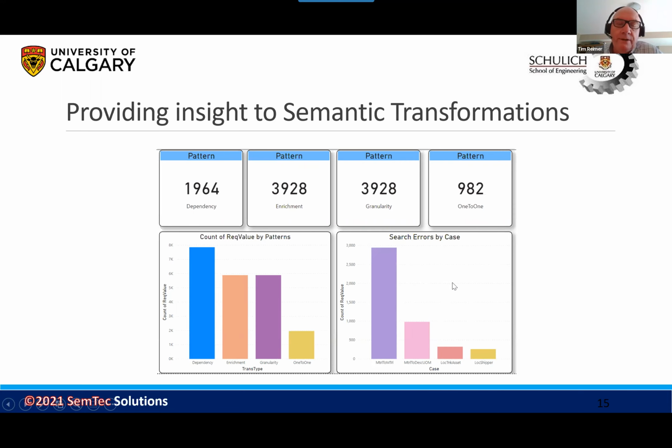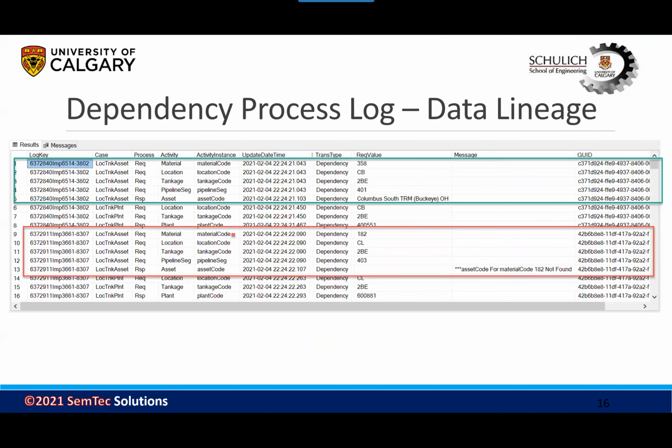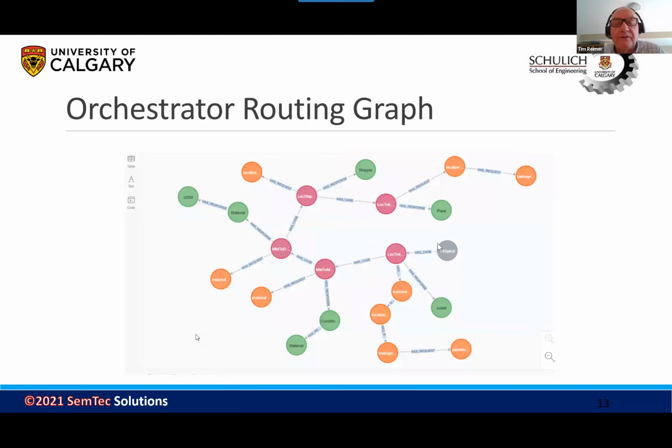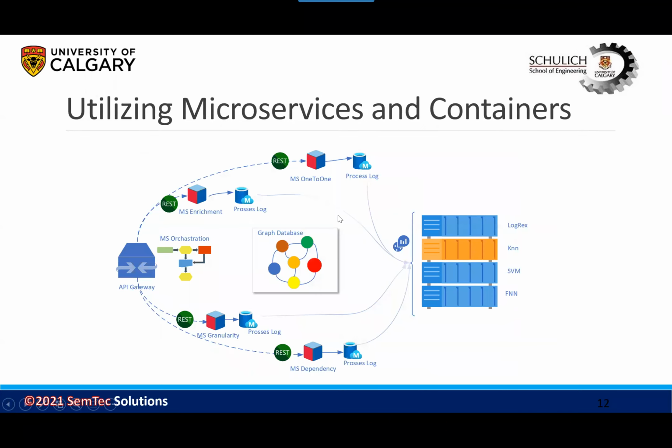Okay. So when we look, Tim, the microservices, are they for finding these 4 patterns? The microservice is the pattern. So you have 4 types of microservices then? Correct. Every microservice has implanted the DNA of the pattern that it is based on. This microservice just does one-to-one, this one does just enrichment, this one's just granularity, and this is the dependency.